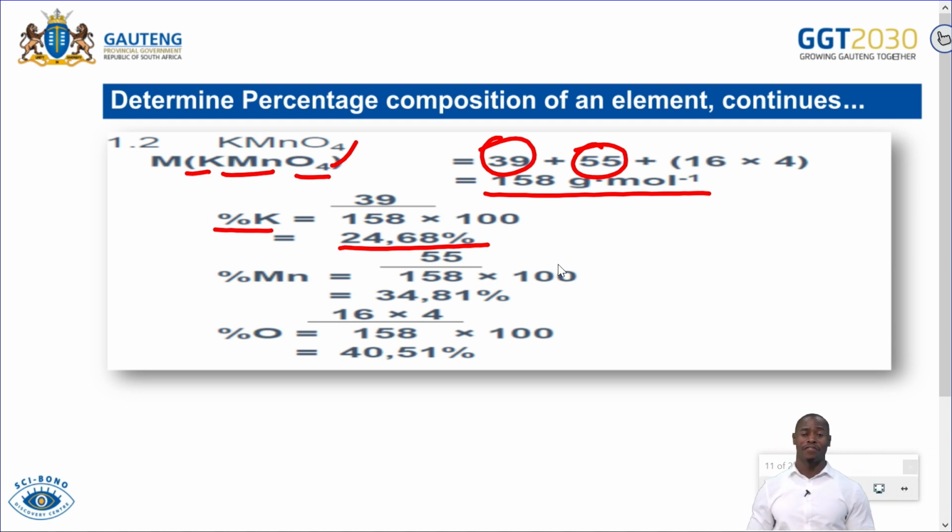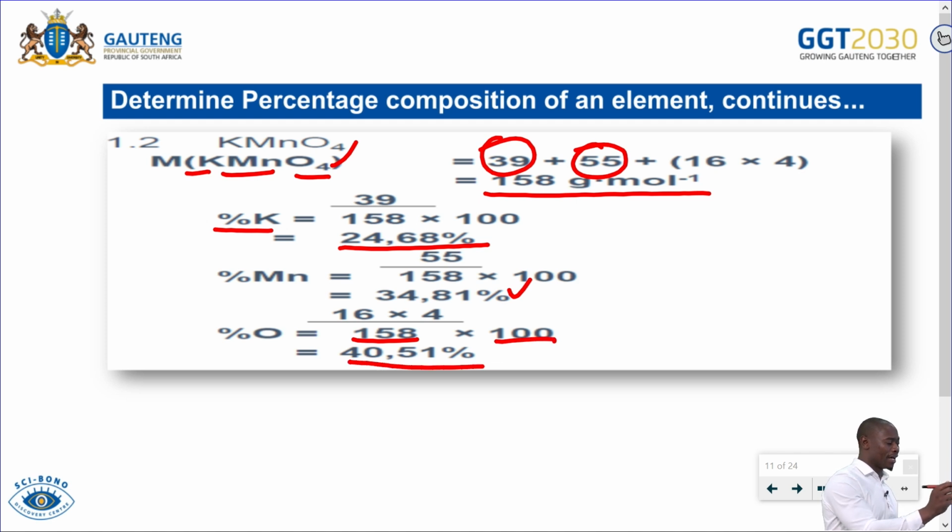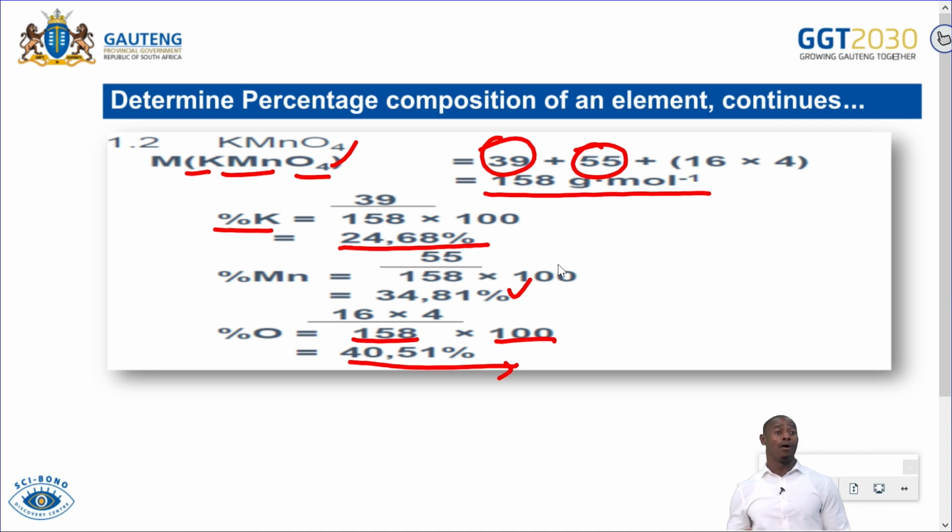So 55 divided by 158 times 100 is 34.81, right? So that is the percentage composition of manganese in potassium permanganate, right? Then for oxygen it's 16 times 4, then divide by 158 times 100, and it's 40.51%.